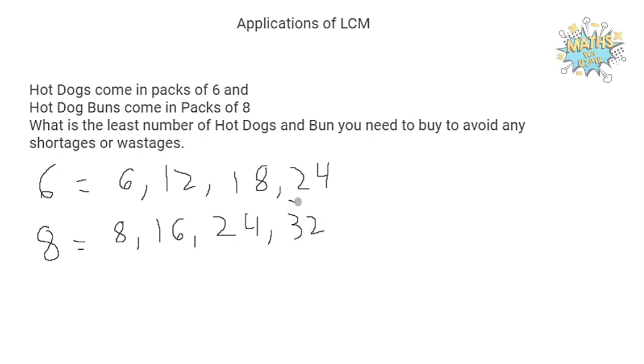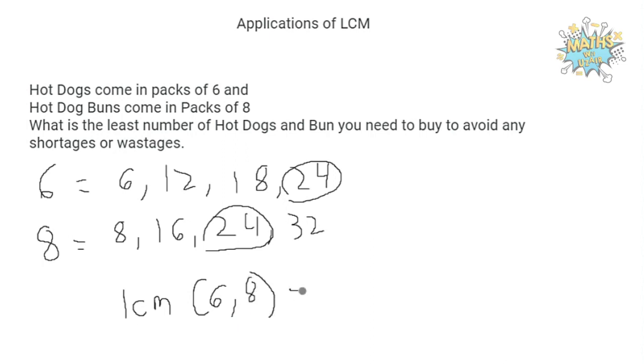So 24 is actually very common in these two. So the LCM of 6 and 8 is 24, which means I have to buy 24 hot dogs and 24 buns, so that it will avoid any wastage, right? Because it's a multiple that's common in these two.